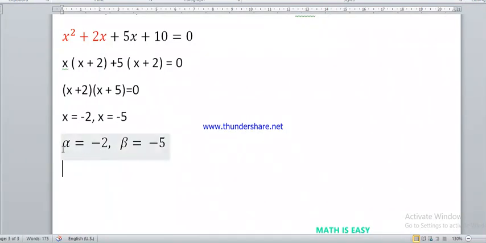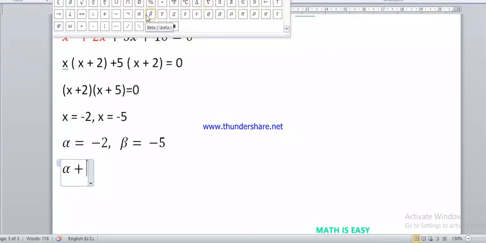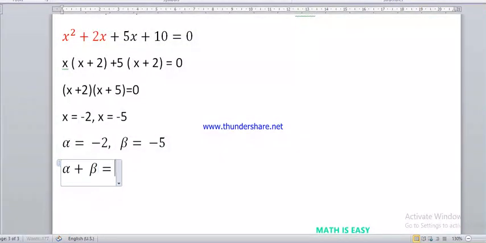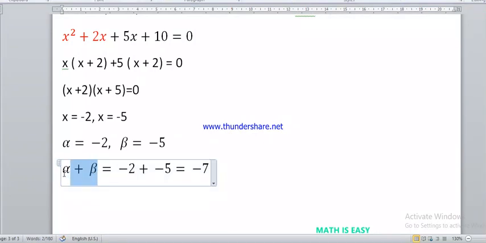Alpha plus beta I have to find out. So alpha plus beta equals to alpha value is minus 2 plus beta value is minus 5, which is going to be finally minus 7. Alpha plus beta, I got it as minus 7. Then I am going to find alpha into beta, next step.